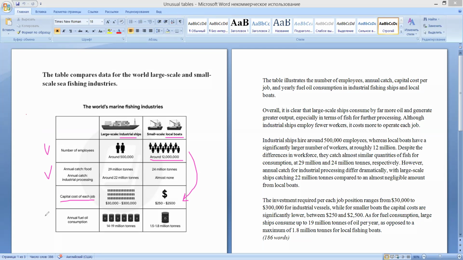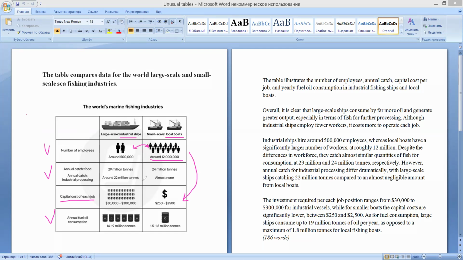And what else? Annual fuel oil consumption. We apply the same strategy as with every other table, with every other graph. I think here it's much easier to describe this table because you compare it one by one. You say, okay, number of employees, you can compare, right?